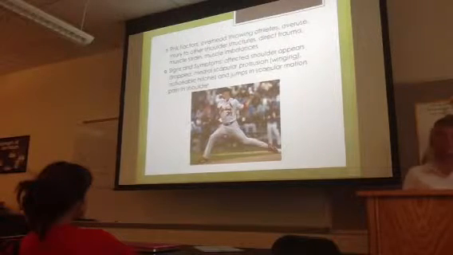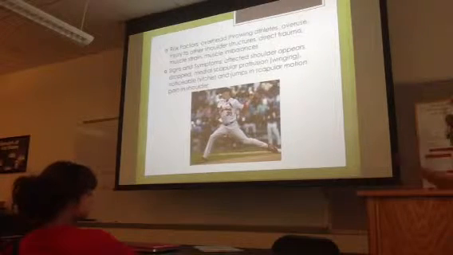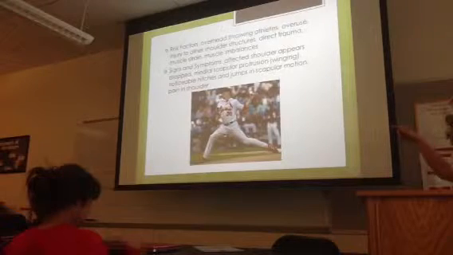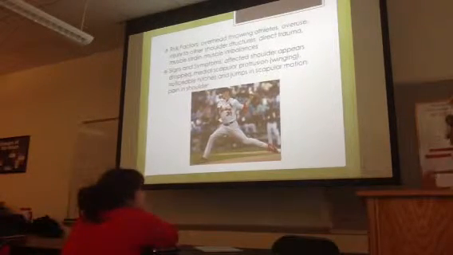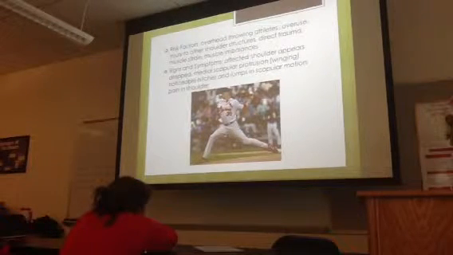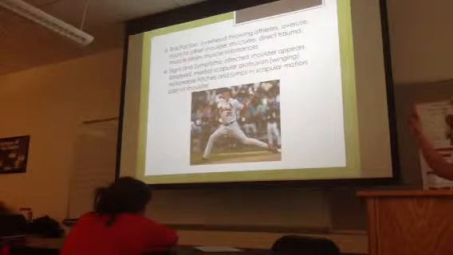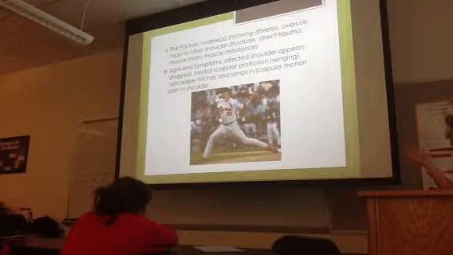Okay, so here's a baseball picture. This is kind of what I want you guys to be starting to think about once we start getting into anterior capsule problems and stuff. Some of the risk factors, like I talked about, are overhead throwing athletes.